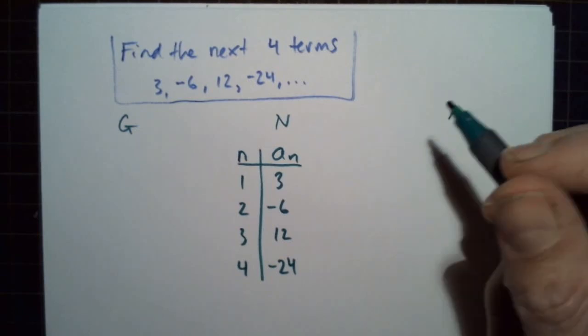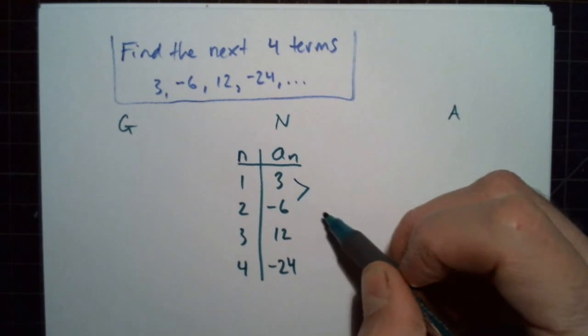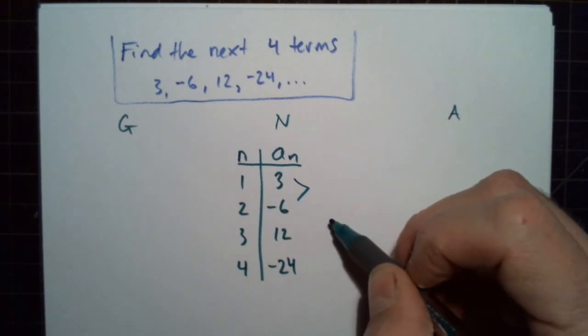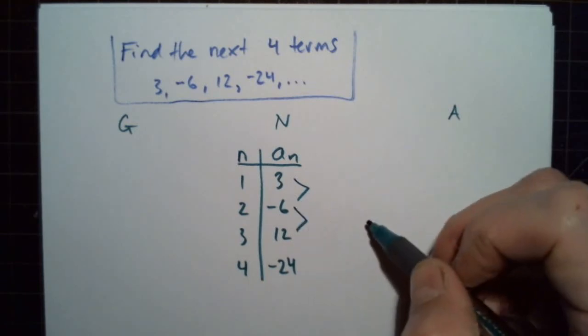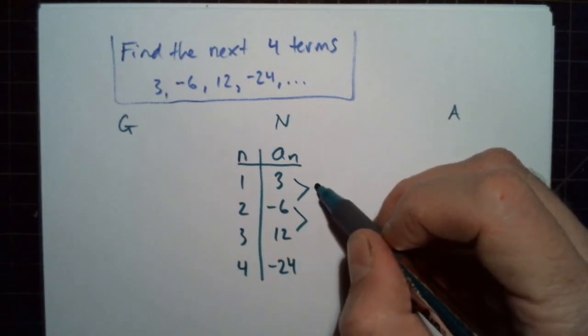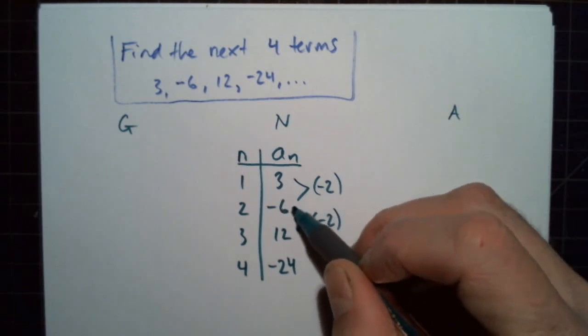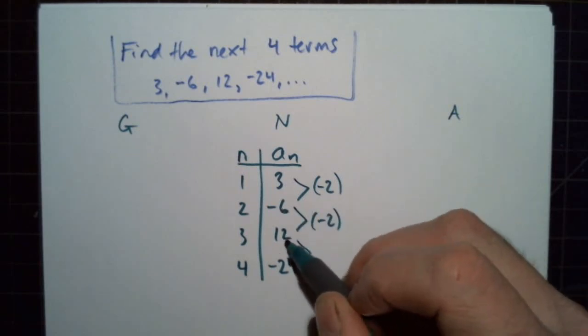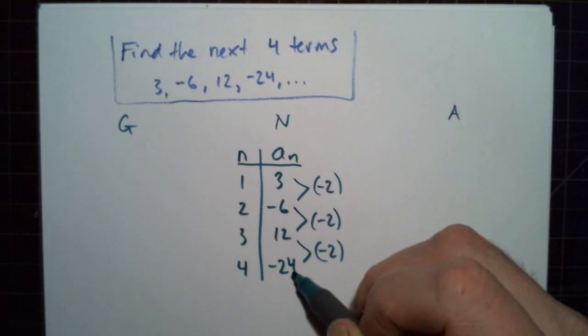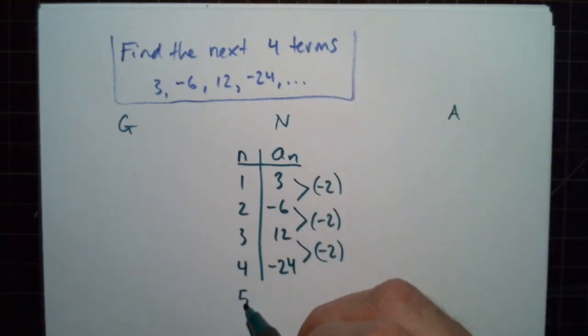So let's look at the pattern here. To get from 3 to -6, we could subtract 9, but we need to look at something that's going to work on all of them. So if I multiply by -2, -6 times -2 is 12, 12 times -2 is -24, and then it does ask for the next 4 terms.